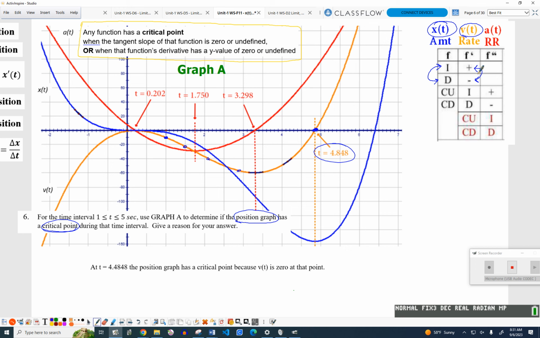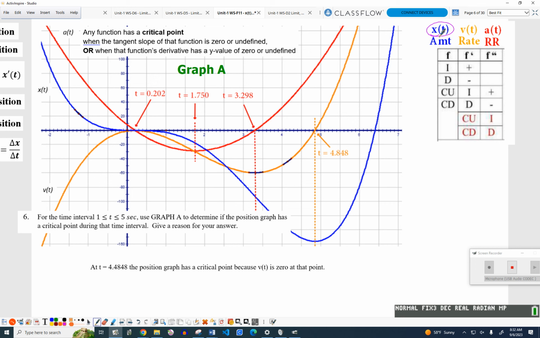If I'm looking for a critical point, I can still use the chart. What I do instead is I say the position will have a critical point when the slope of the position is neither positive or negative. If the slope isn't positive or negative, there's only two other options. The slope is either 0 or the slope is undefined.